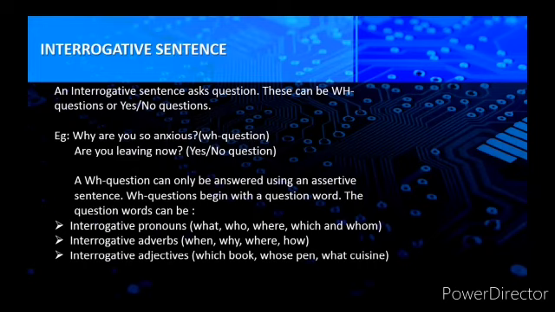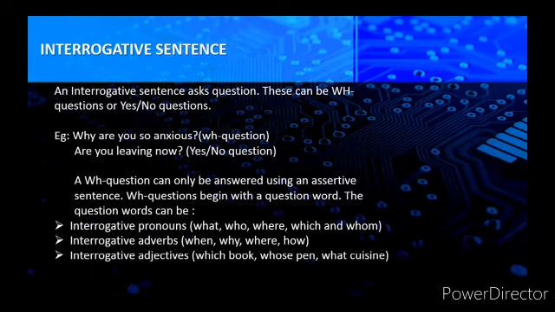They are who, what, when, where, why, etc. Or yes/no questions, which include the auxiliary verbs, that is may, could, would, can, should, will, do, did, etc. So interrogative sentences either begin with WH questions or yes or no questions.